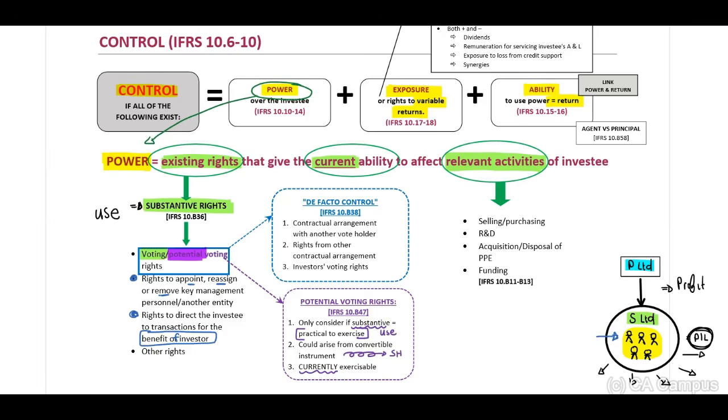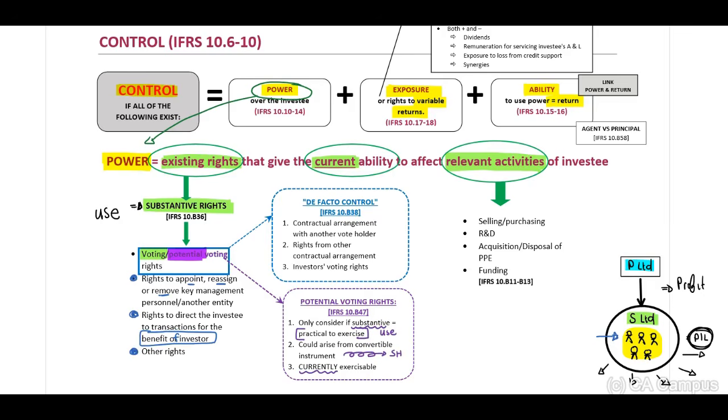If P Limited is able to make these decisions or direct the investee to make the decisions, P Limited will have a substantive right. And then there might be other rights which you will have to read in the scenario.